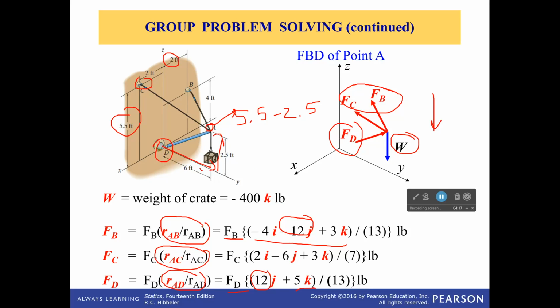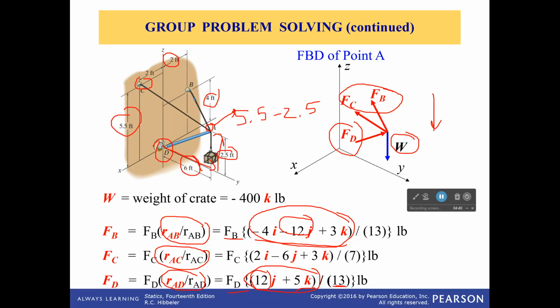We went 6 in the y, and we actually go 1.5 in the z. Because we go from 2.5 feet to 4 feet. And what they're doing here is they're just making it easier on themselves and multiplying everything by 2 to get a nice round number. And they can do that because it comes out in the magnitude. Magnitude gets bigger, and it will, in the end, be the right thing.